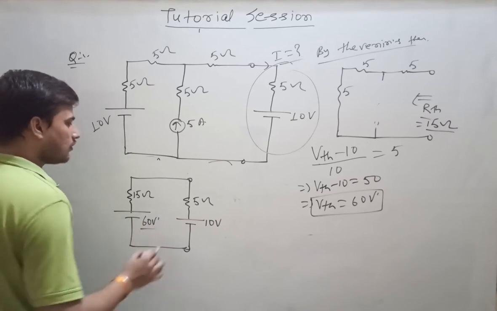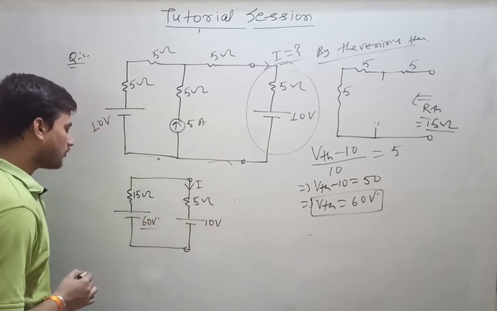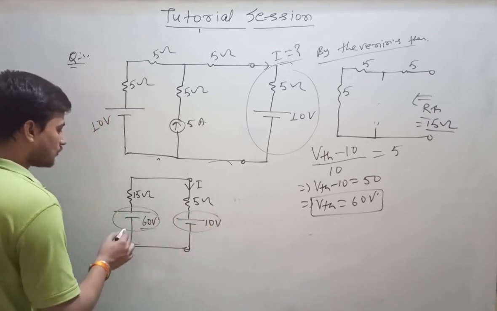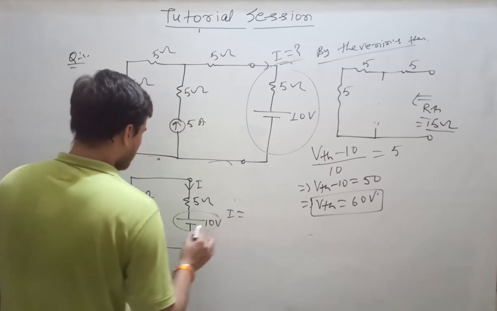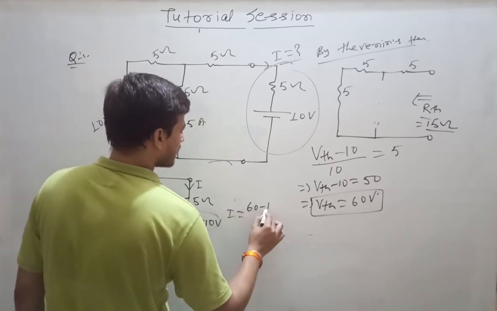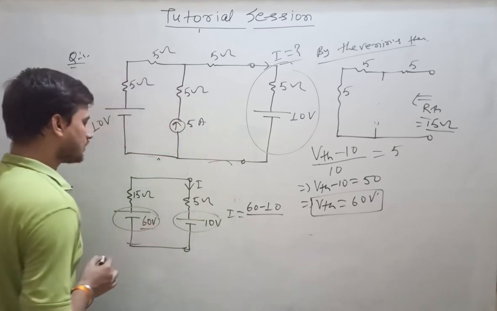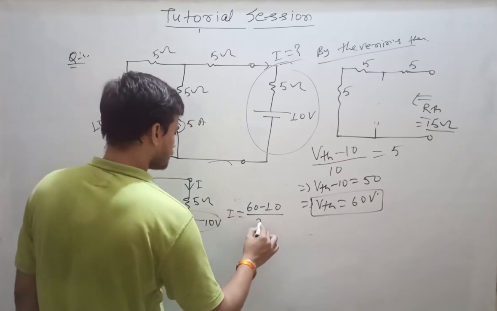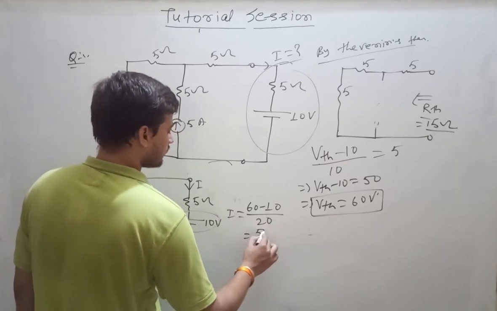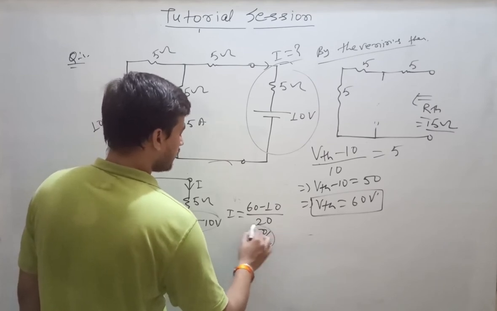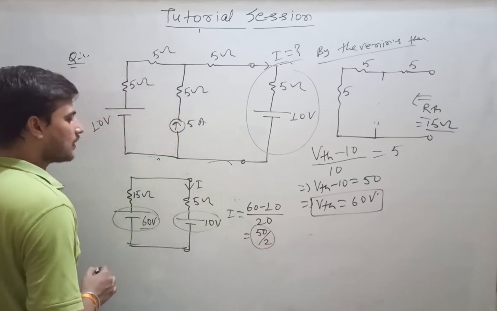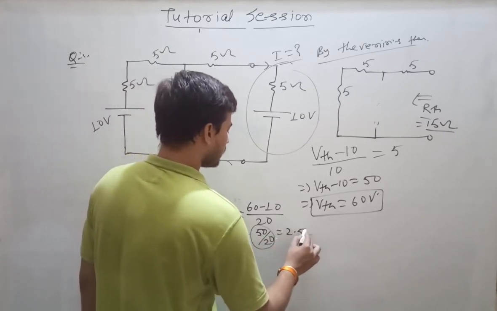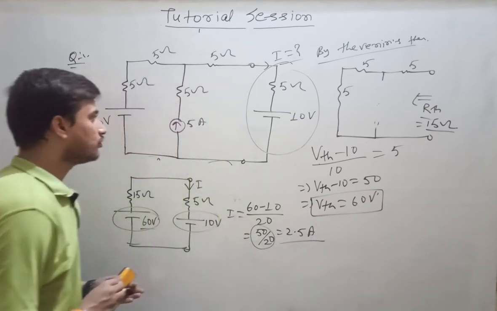Now to write current I, see, these two voltages are opposing each other, so total current I will be equal to the difference of these two voltages, that means 60 minus 10 divided by 15 plus 5, that means 20. So here it is 50 divided by 20, that means 2.5 ampere. The answer is 2.5 ampere.